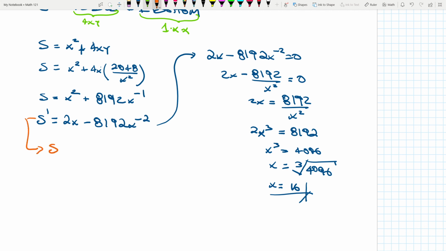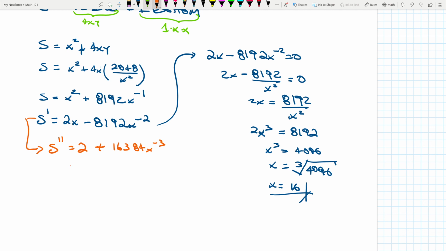So S double prime is 2 plus 8192 times 2, which is 16384, times x to the negative 3.